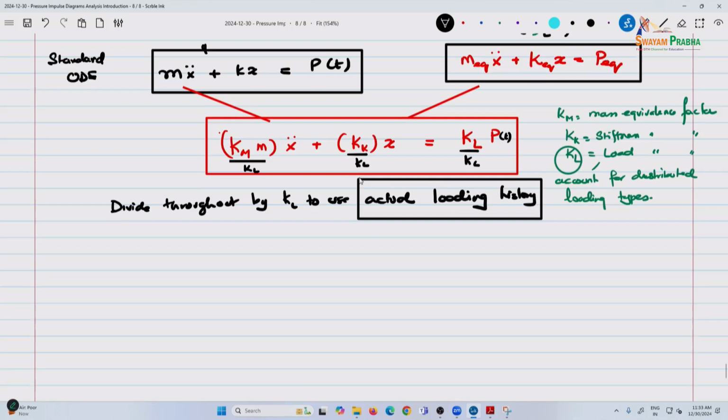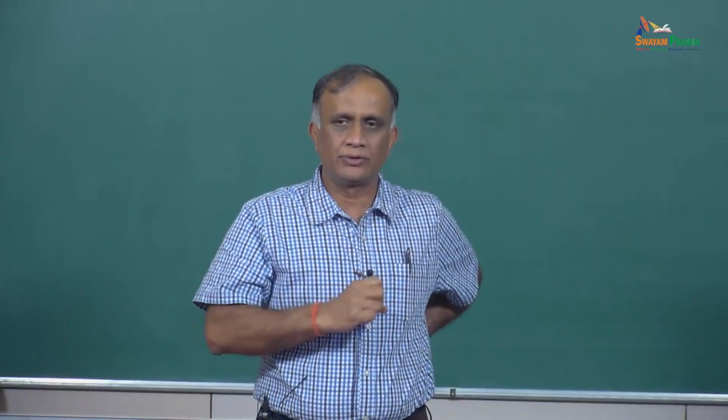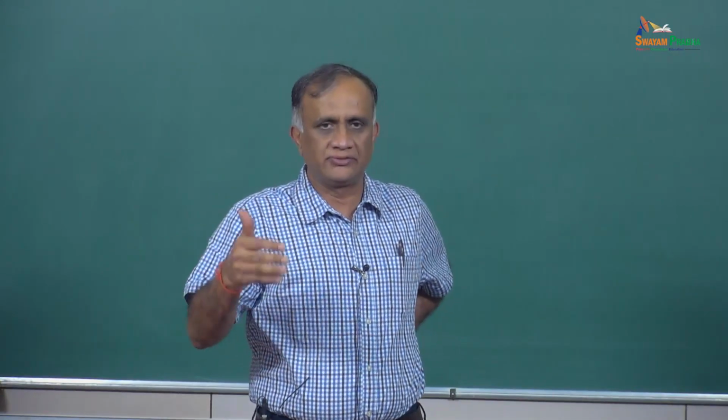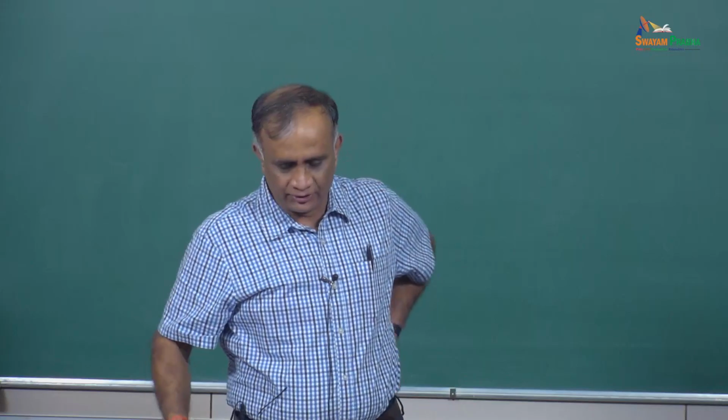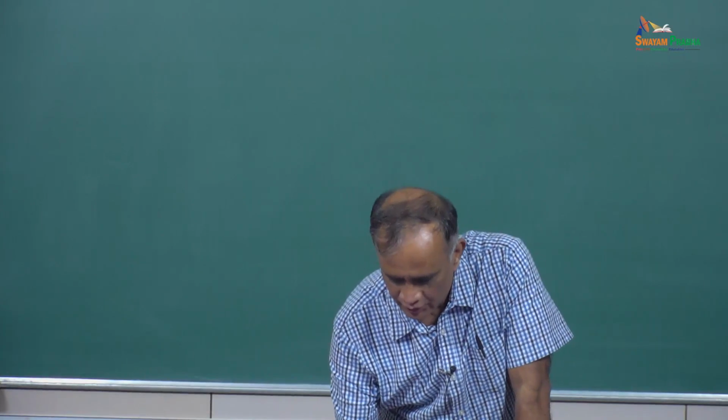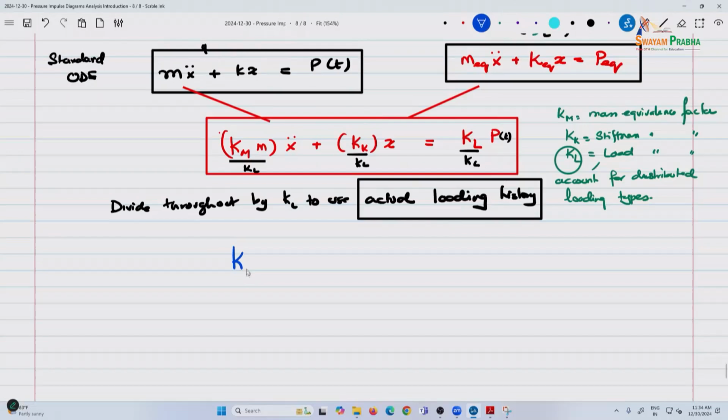If you are doing experimental simulations, I think several of you are working on experimental work, once you finish it you want to do numerical simulations, you have your blast pressure versus time history curves. You can use those curves directly without any scaling, and still go ahead and use the nonlinear or other SDOF programs. So you get the load-mass factor times x double dot plus Kk by KL times x is equal to P of T.